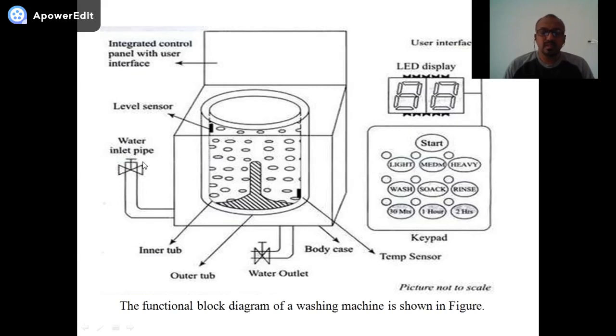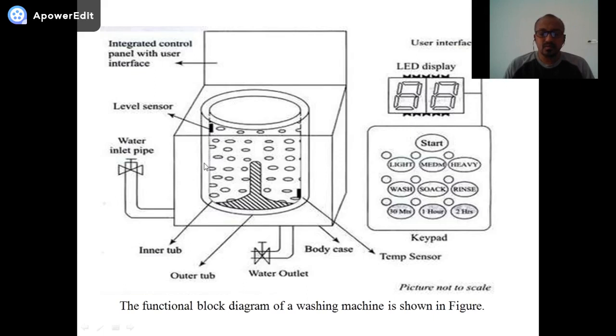Just have a look at the slide where I am pointing the cursor. There is one water outlet, and this is also controlled by a valve, and a body case protects all these units. Then the temperature sensor is kept at the bottom, and at the top there is a level sensor for the water level indicator.